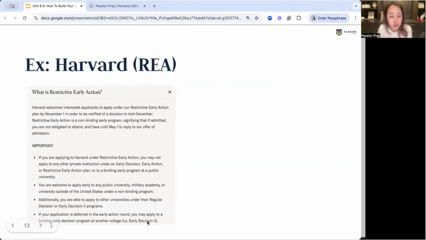For example, Harvard's policy for REA, if you look at it here, is if you are applying to Harvard under restrictive early action, you may not apply to any other private institution under early decision, early action, or restrictive early action plan, or to a binding early program at a public university. You're welcome to apply early to any public university, military academy, or university outside of the United States under a non-binding program. So the ones that they allow, you can still apply to about two.